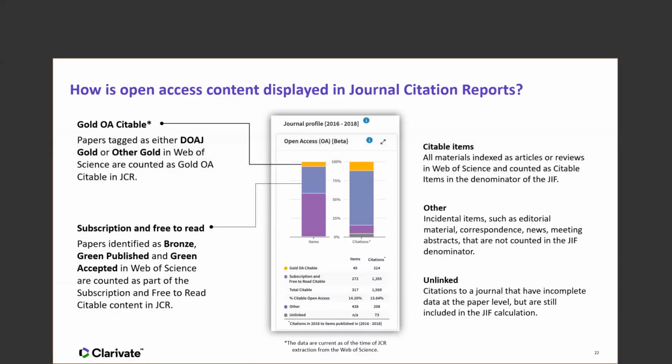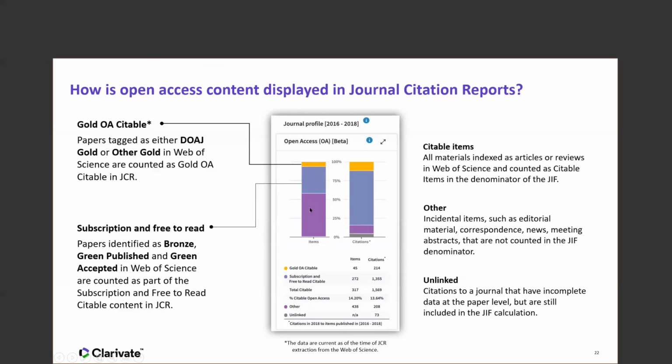The gold color is for open access content coming from DOAJ journals or other gold journals, and hybrid journals with some of their papers in open access. The blue color is for free to read. That's the equivalent of what we call bronze, green published, and green accepted in the Web of Science. Those definitions are in the Web of Science. In JCR, it's a package that we call free to read.